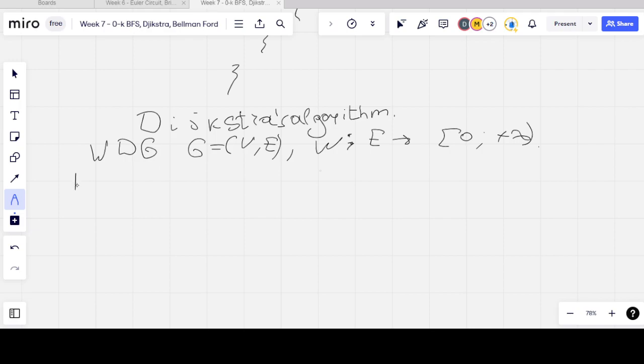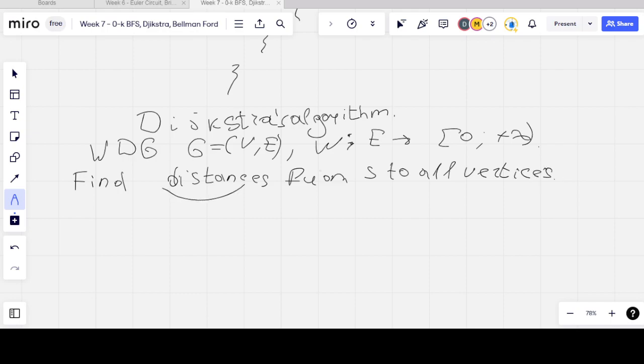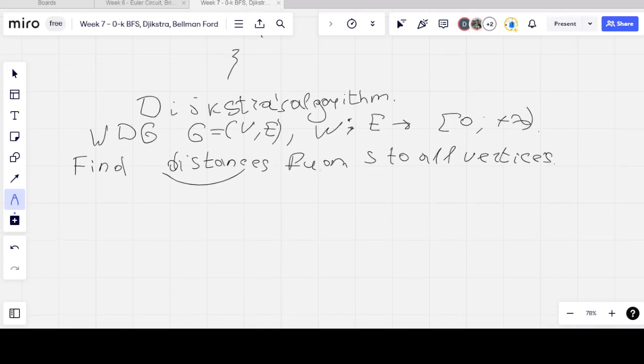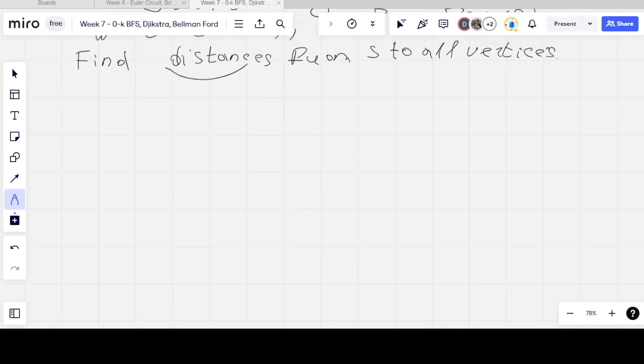We need to find distances from S to all vertices. Distances is shortest path.